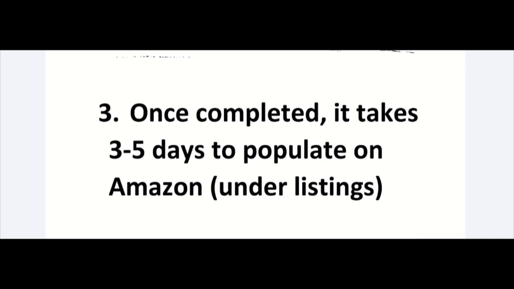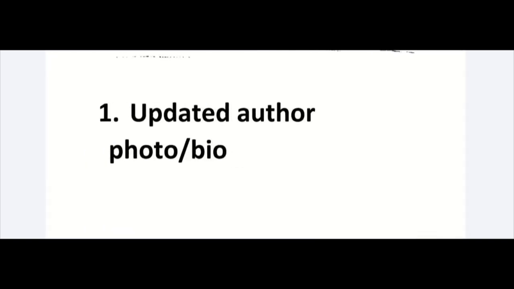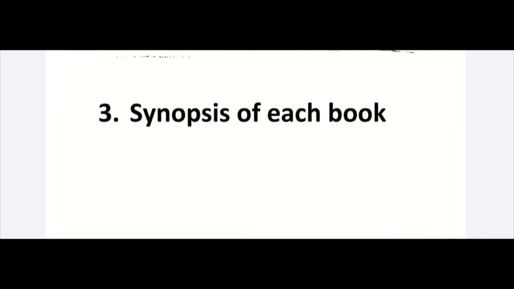And then real quick, just running through the list of different things to have on there. What you should include: your bio and your picture. You have all your books. You make sure you claim them all. You can have a synopsis of each book. You can have an events page, blog links.